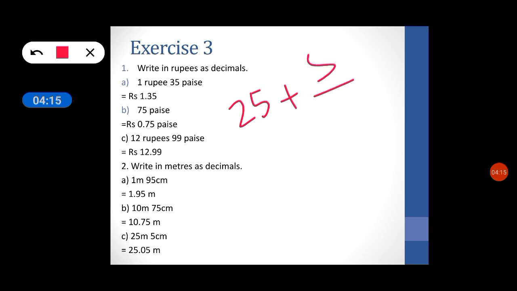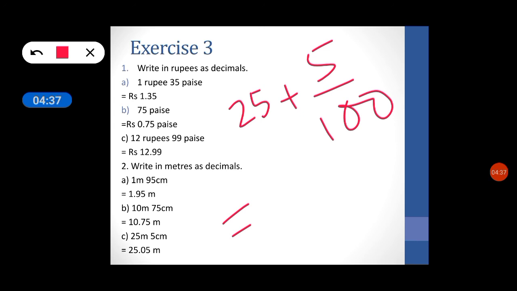When you convert it, you divide it by 100, as 1 meter is equal to 100 centimeters. 1 centimeter is equal to 1 by 100 meters. That is the formula I have already told you. So 5 centimeters will be 5 by 100.